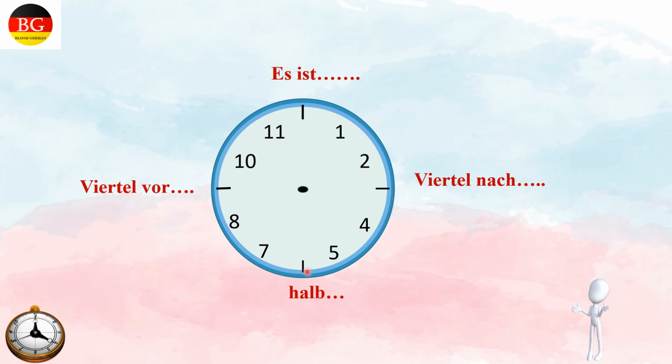When the big hand of a clock is on number 6, we have to say like halb 2, halb 4, halb 5, halb 8, halb 10 and so on. When the big hand of a clock is on number 9, what should be the answer? Viertel vor 10, Viertel vor 8, Viertel vor 11 and so on.